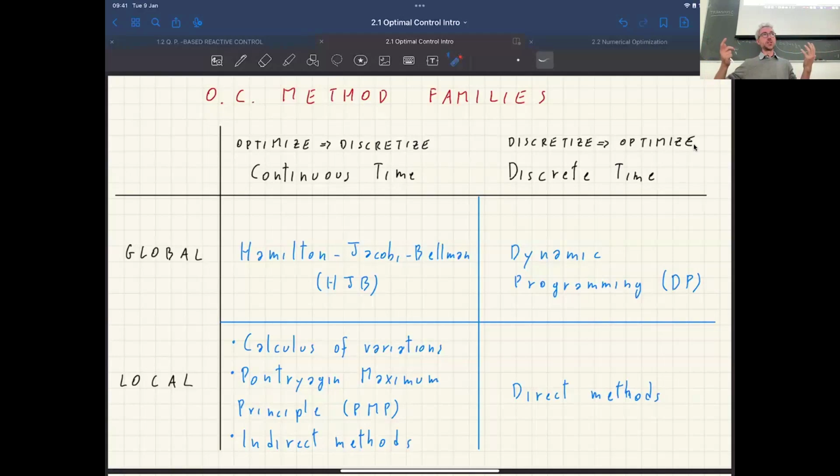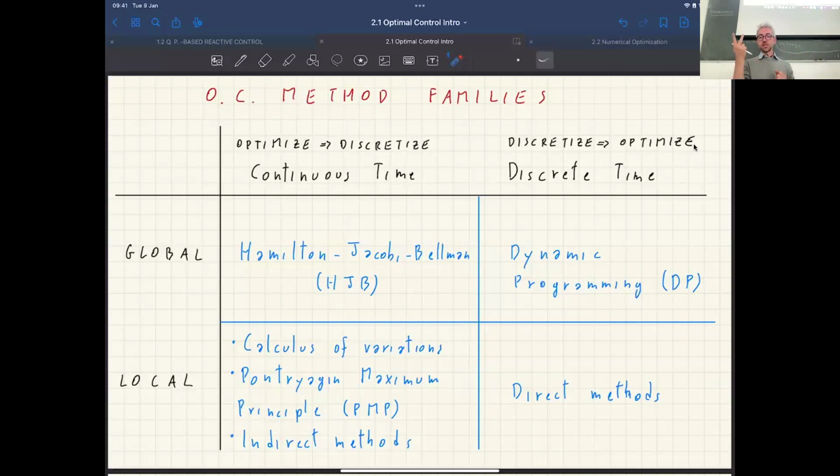You approximate these infinite dimensional variables and these infinitely many constraints with a finite number of variables and a finite number of constraints. That's basically the discretization. And you have the optimization. So once you have a finite dimensional object, you optimize.